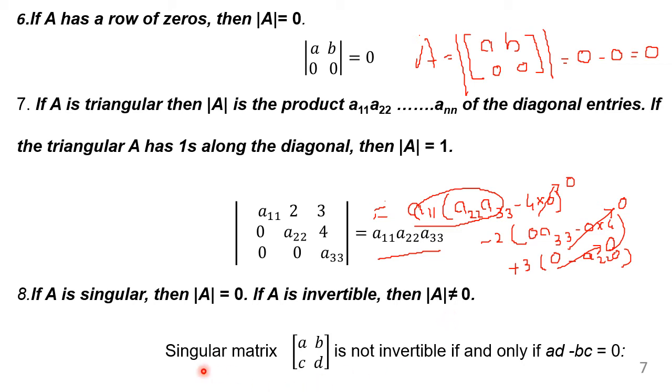For example, we'll take a singular matrix which is A, B, C, D. It is not invertible because for a singular matrix, this AD minus BC will always be equal to 0. So therefore, the matrix is not invertible.